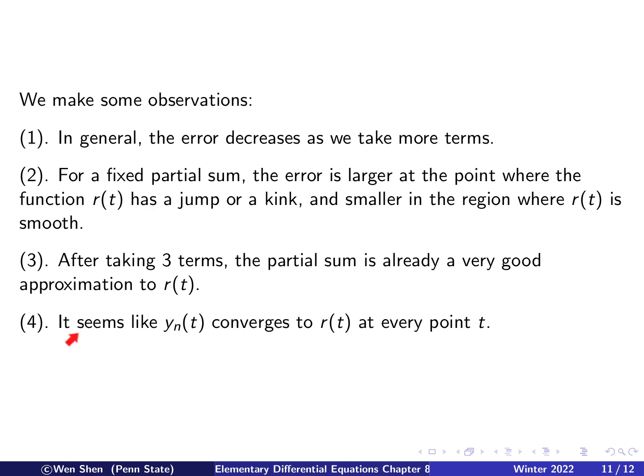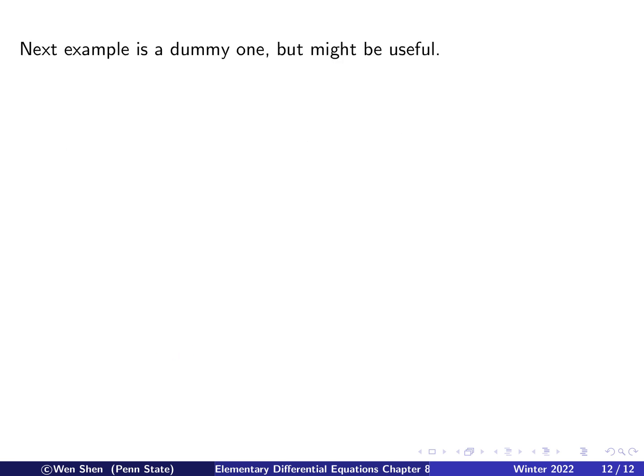From this observation, it seems like, we haven't proved it yet, that the partial sum y_n(t) seems to converge to r(t) at every point t as we take more and more terms, that is, as n goes to infinity. A theoretical discussion on the convergence of Fourier series will come later.